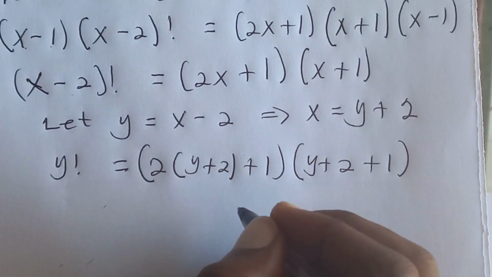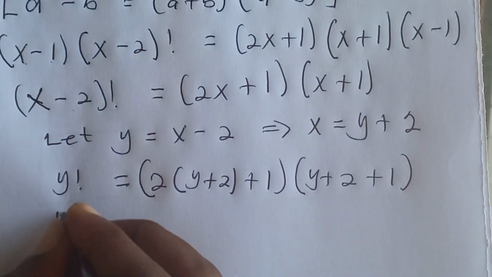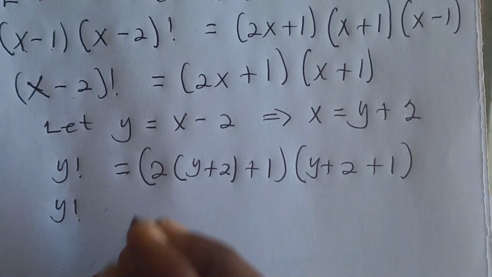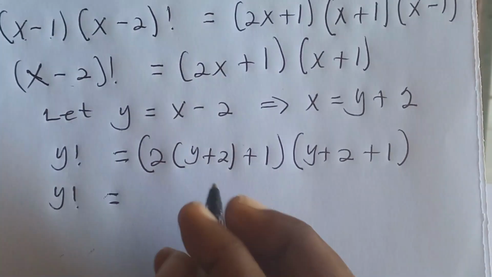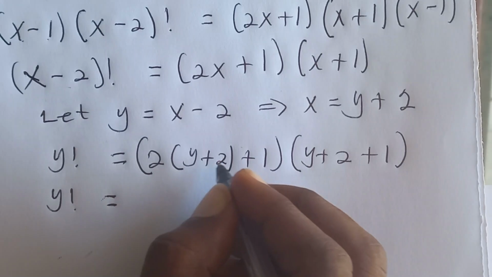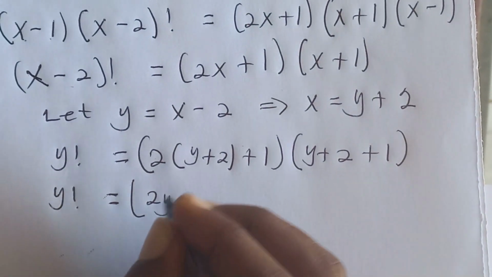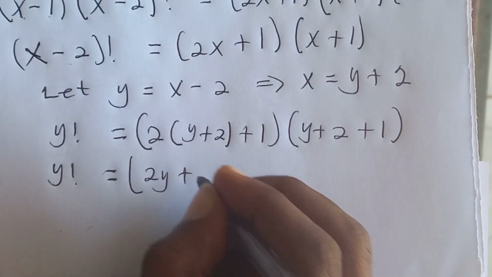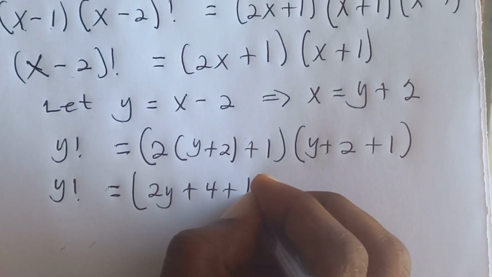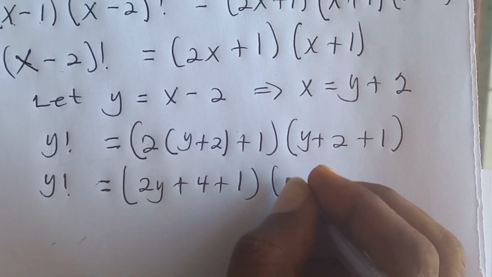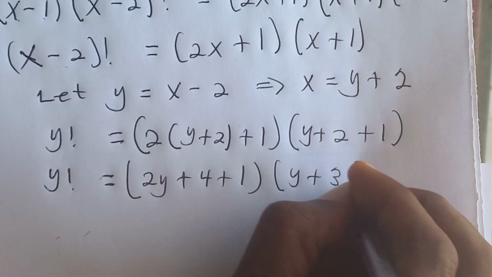We can simplify everything here. So y factorial is equal to 2y + 4 + 1, then (y + 3).